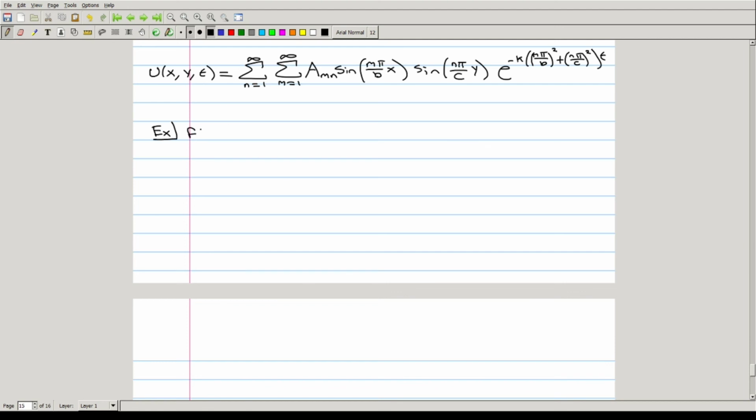First example we'll consider is initial condition f(x,y) being equal to a piecewise function that's 0 if (x,y) is not in the rectangle from L over 4 to 3L over 4, or B over 4 to 3B over 4, and y is not in the interval from c over 4 to 3c over 4.